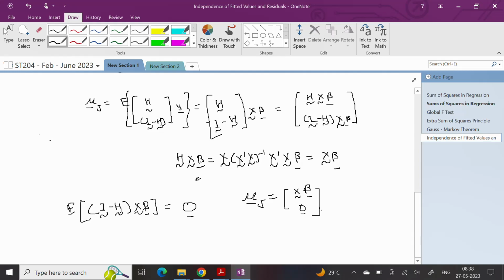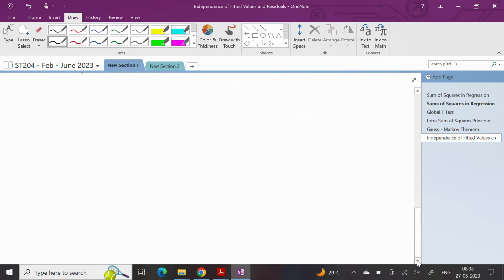But our main interest is in the variance covariance matrix, because we are interested in examining whether the residuals are independent of the fitted values.